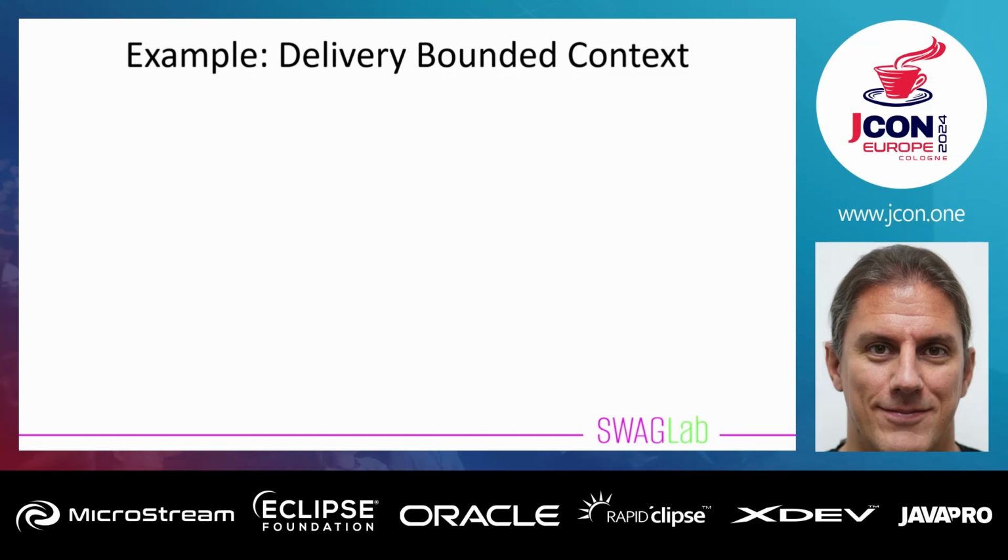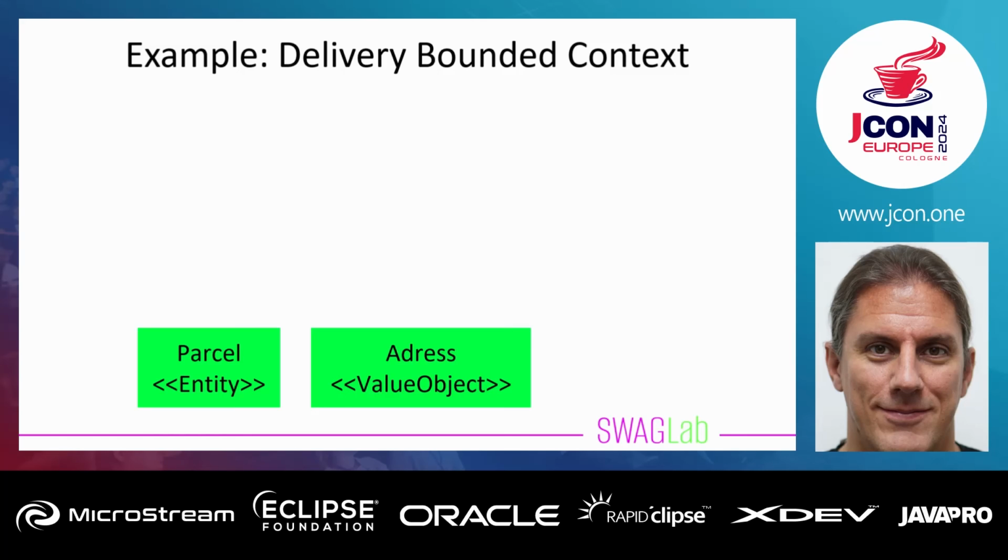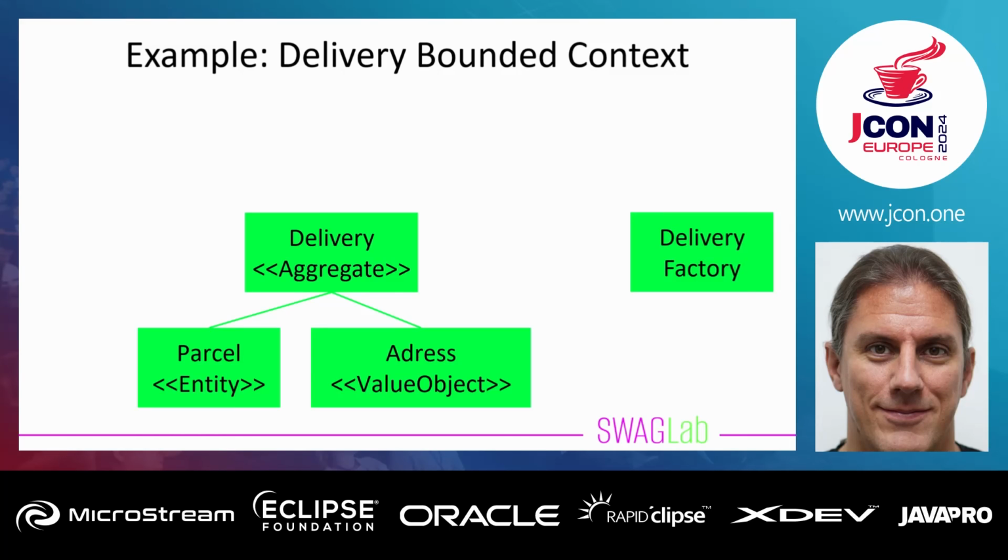So in the example, we would have maybe a parcel, which would be an entity, right? That is something that I can identify. We would have the address, which is basically a value object, and they might be part of an aggregate like the delivery. And for the delivery, we might have a factory to create this complex object.